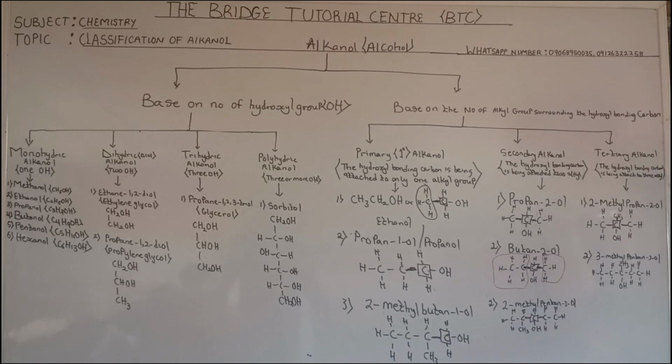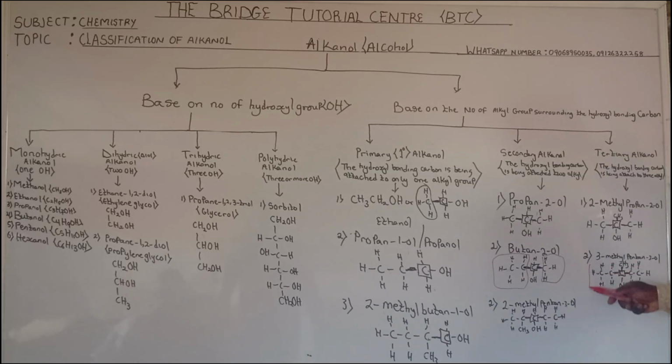So how do you know that it is a tertiary alkanol? The first thing you identify is your hydroxyl bonding carbon. How many carbons are attached to it? We have 1, 2, and 3. Or you can consider how many alkyl groups are attached to it.